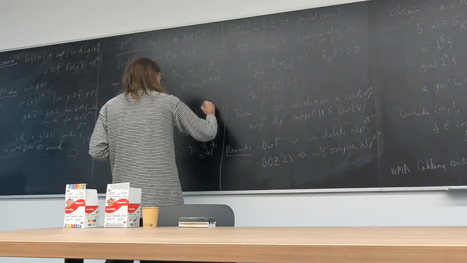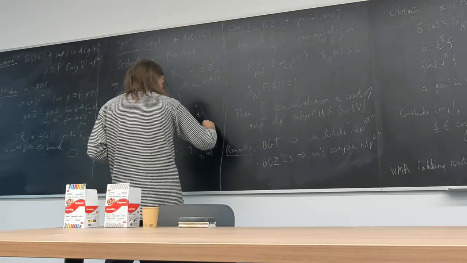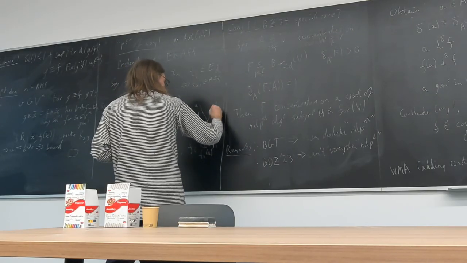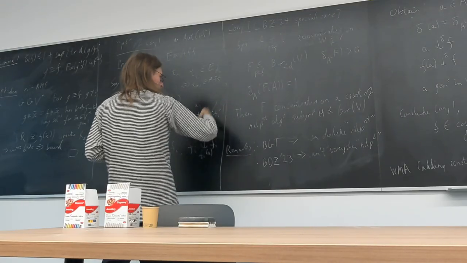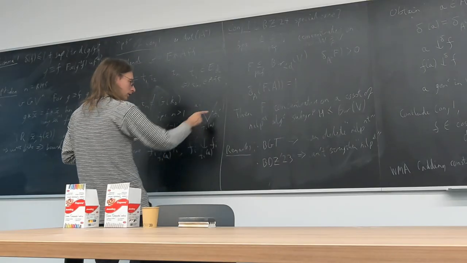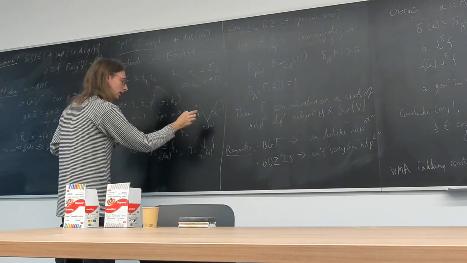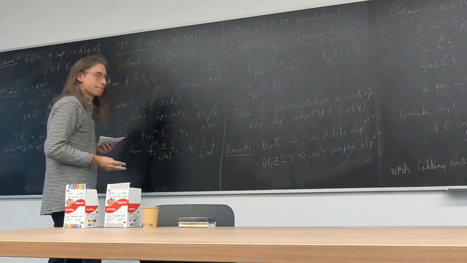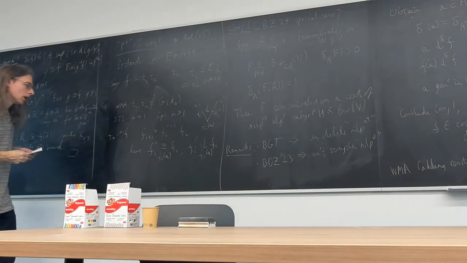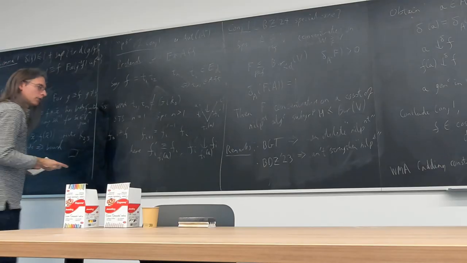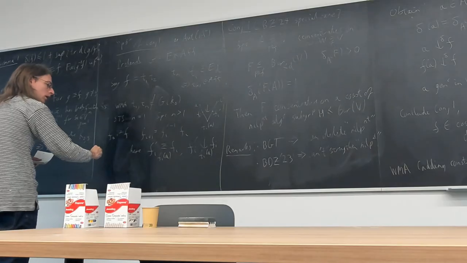We have f_i sending a to f_i of a, and we take an independent copy f_i prime, and there'll be something here, a prime. So this composition is sending a to a prime. I'll take this independent. Okay, so this a prime will be f_{i+1} of a. Good.